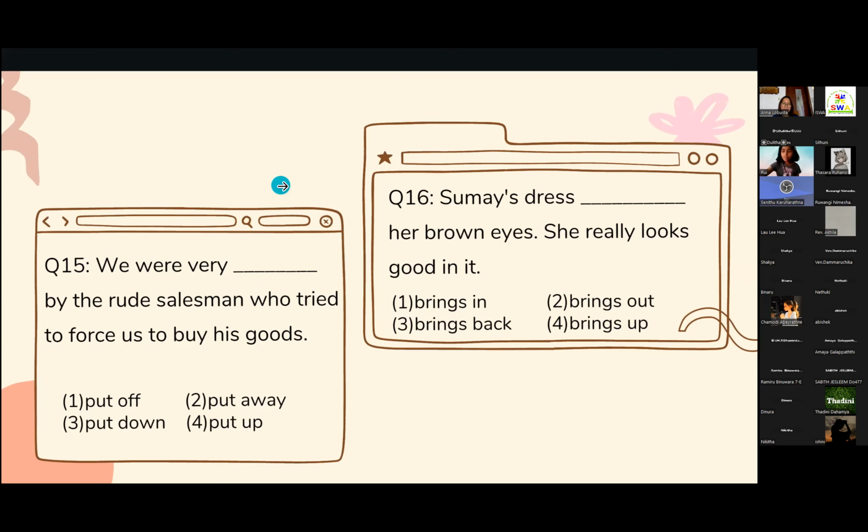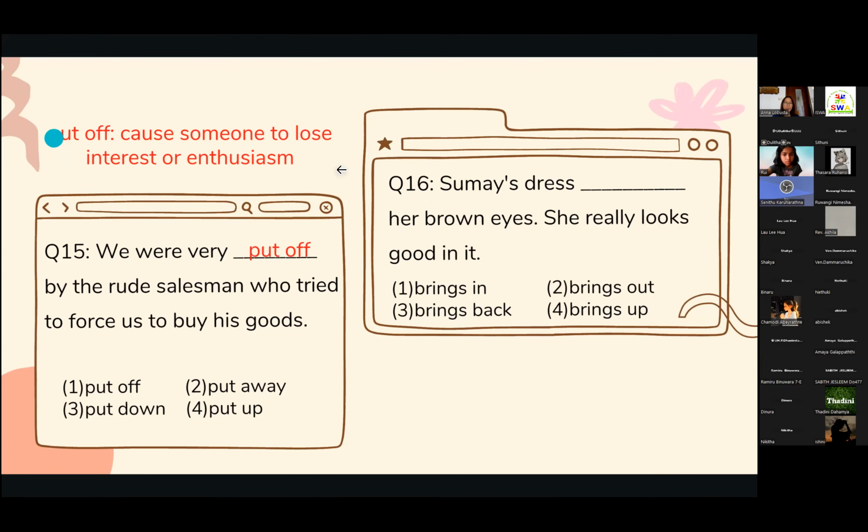But for this question, the correct phrasal verb is put off. Put off means you cause someone to lose interest or enthusiasm. These people were talking to the salesman about the goods he was trying to sell. But because the salesman was very rude and was trying to force them to buy, they were put off. They weren't interested anymore. They lost their enthusiasm because of that. So that's the meaning of put off.